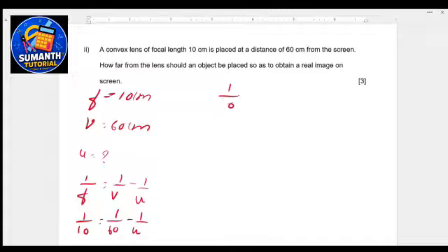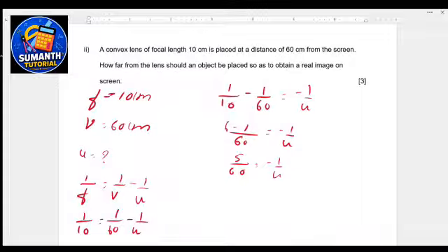So 1 by 10 minus 1 by 60 is minus 1 by U. For 10 and 60, LCM is 60. 6 minus 1 is 5 by 60 is minus 1 by U.